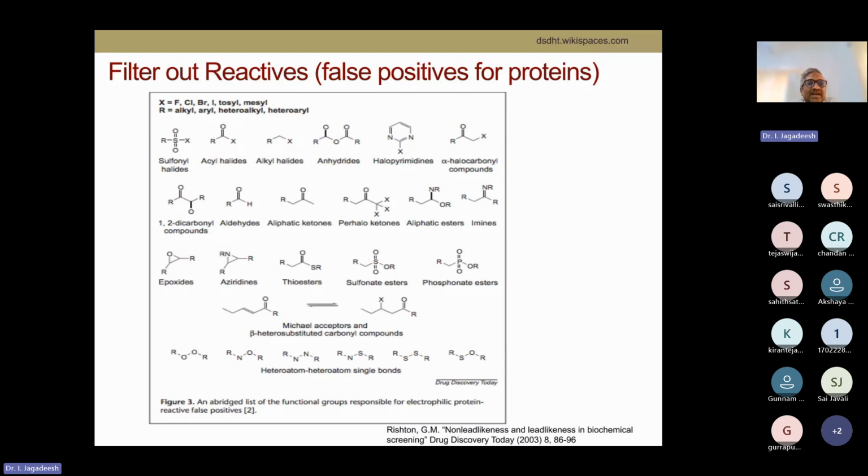The reactives like sulfonyl halides, acyl halides, alkyl halides, anhydrides are highly reactive. Halopyrimidines, halocarbonyl compounds. Most of the time in these compounds you have X and R as the two substituents. X is generally used for halogens like fluorine, chlorine, bromine, iodine, tosylate, mesylate, and such.